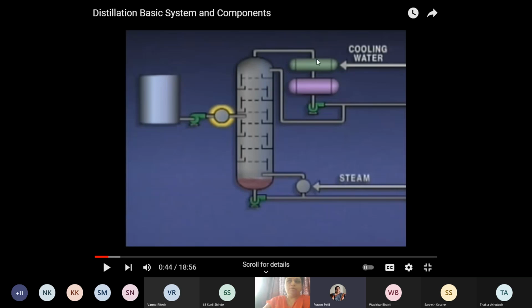This is condenser where the vapor is cooled, accumulator, product pump. Here you will get the top product, or it is called as a distillate. This is the reflux line, so that the product is fed back to the column. Top product is fed back to the column. At the bottom you will see the bottom product pump, where you will get the bottom product line. This is the reboiler, where the bottom product is heated again and boil up is given back to the distillation unit. You will see the working.